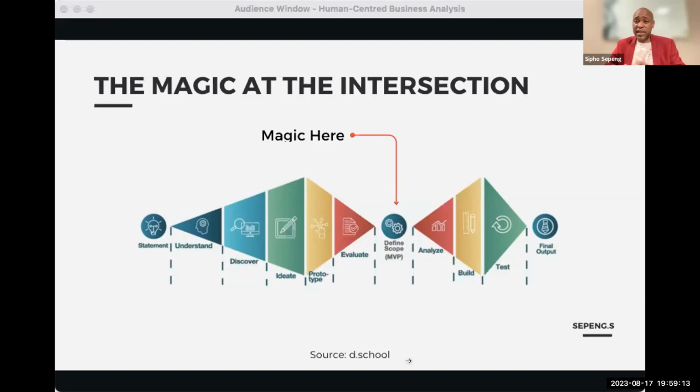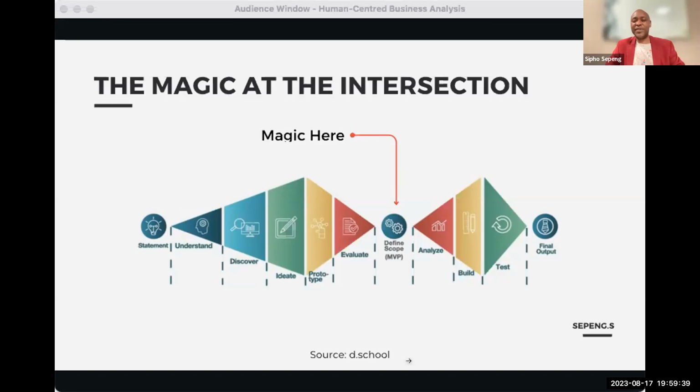So it should be sustainable. We would then evaluate that. And right there at the center where you then start with analysis, you could pretty much say that's where business analysis comes in strong. And so this is a process known as the double diamond in design thinking.